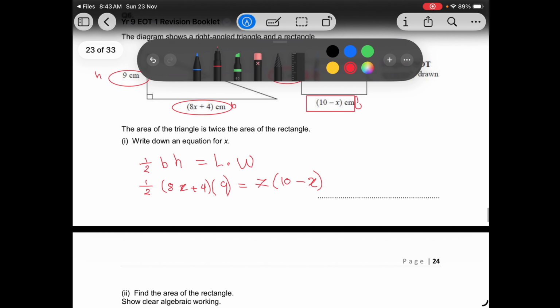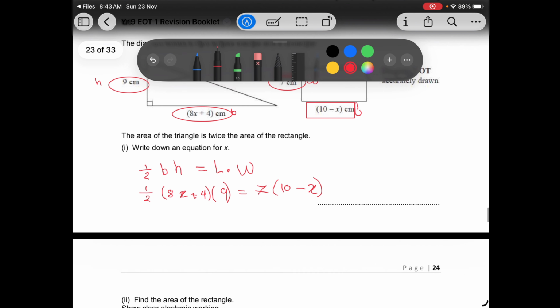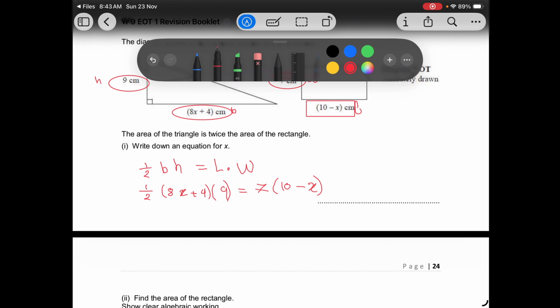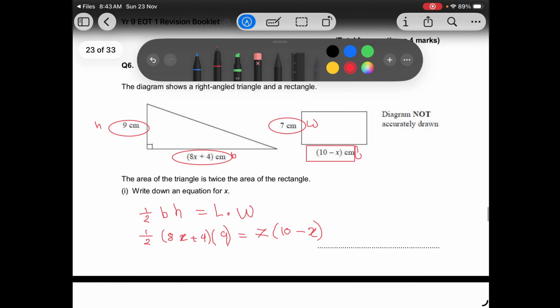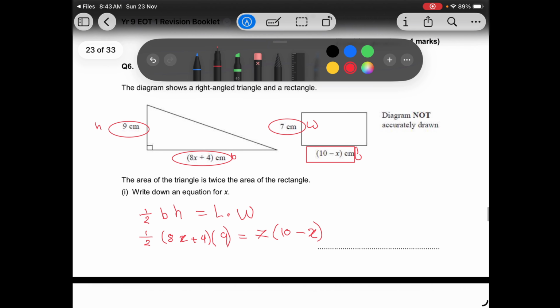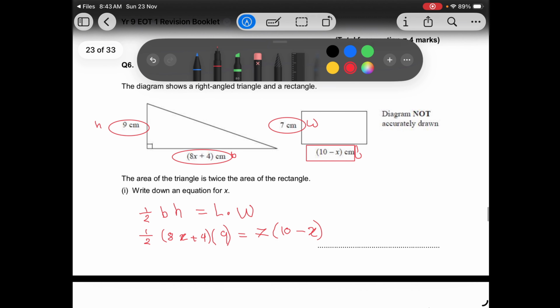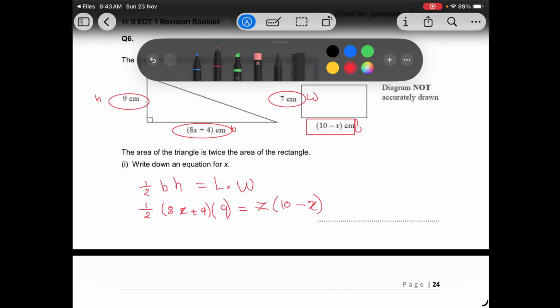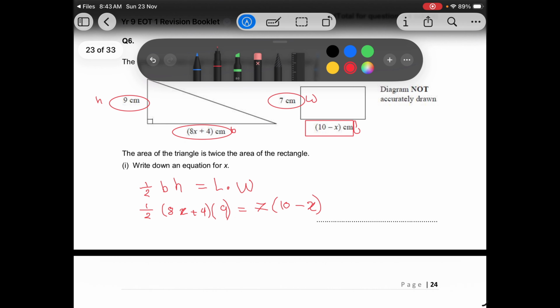Okay, I think here students, something is missing, because they told me that the area of the triangle is twice the area of the rectangle. Twice, so it means I have to multiply this by 2.